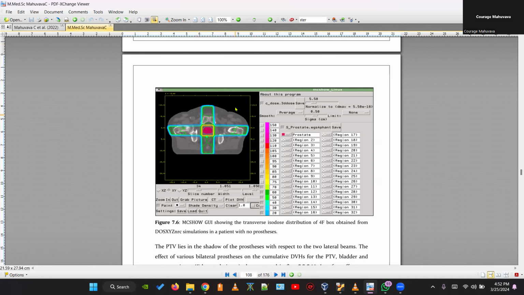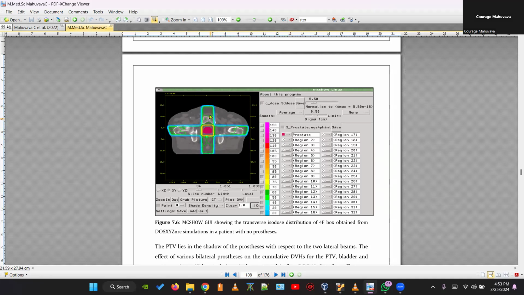So after you do your simulations, you can just type in a command on a terminal or on a command prompt. I'll show you how to do it. It's very simple. You simply say show, dose XYZ show, you put the name of your phantom, then you put the name of your dose, and then enter. It gives you something like this.